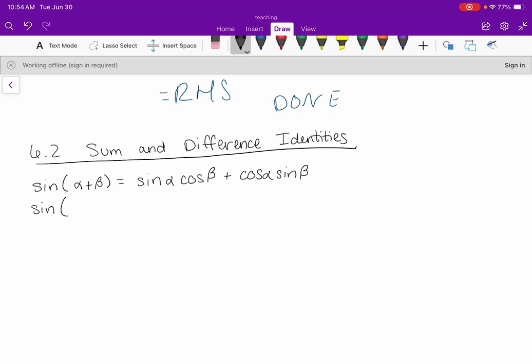The sine difference identity is sine alpha minus beta, and this would be sine alpha cosine beta minus cosine alpha sine beta.